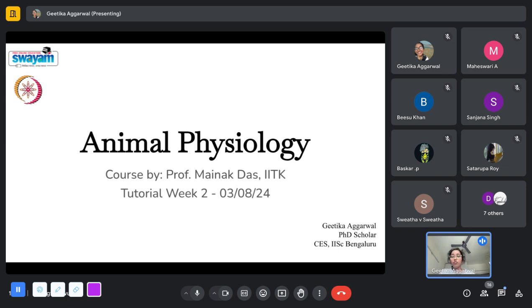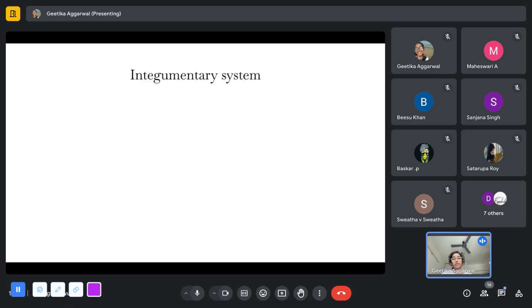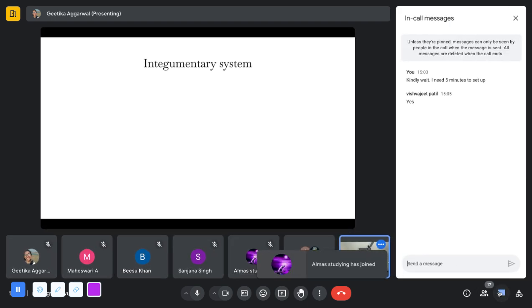Okay, so moving on to the integumentary system. The integumentary system can be structured into two different categories. Can anybody tell me what these two categories are? Anybody would like to answer this question?